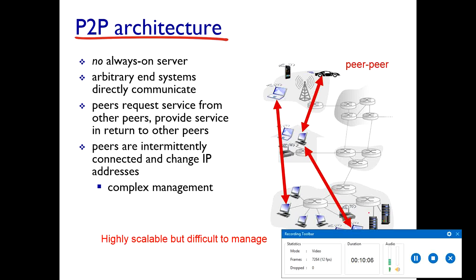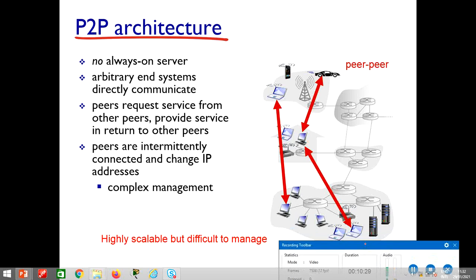There is no always-on server, and the end systems communicate directly with each other. For example, in the picture, the car is communicating with the laptop. The laptop is communicating with this PC. This PC is communicating with the laptop over here. So the end devices are communicating with each other.